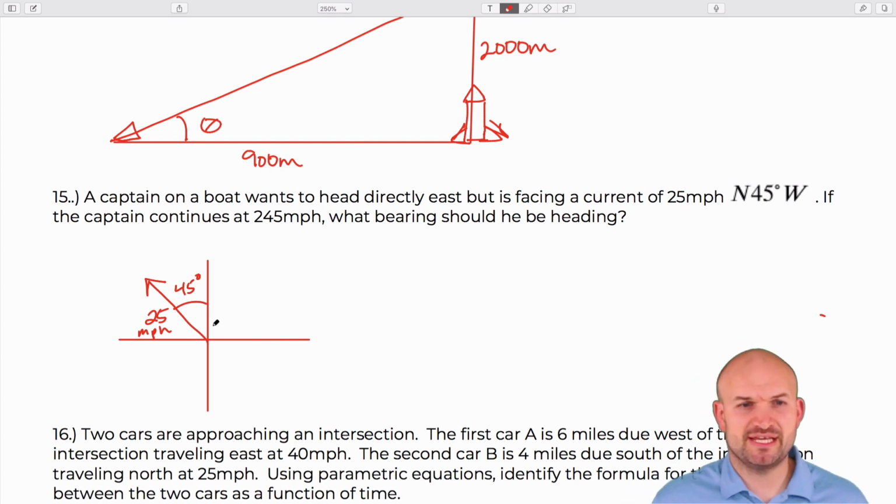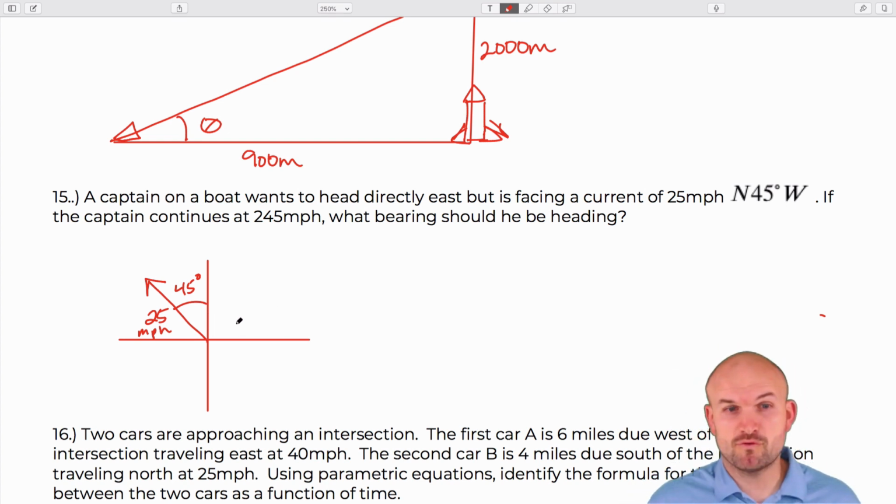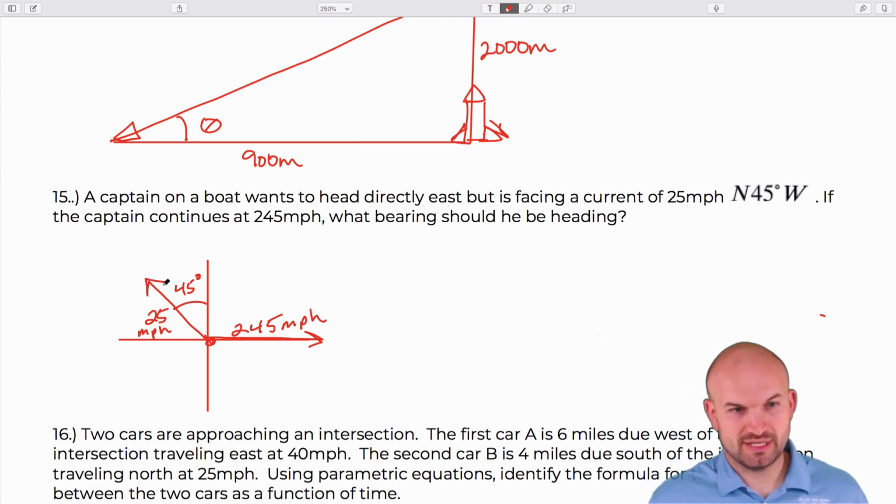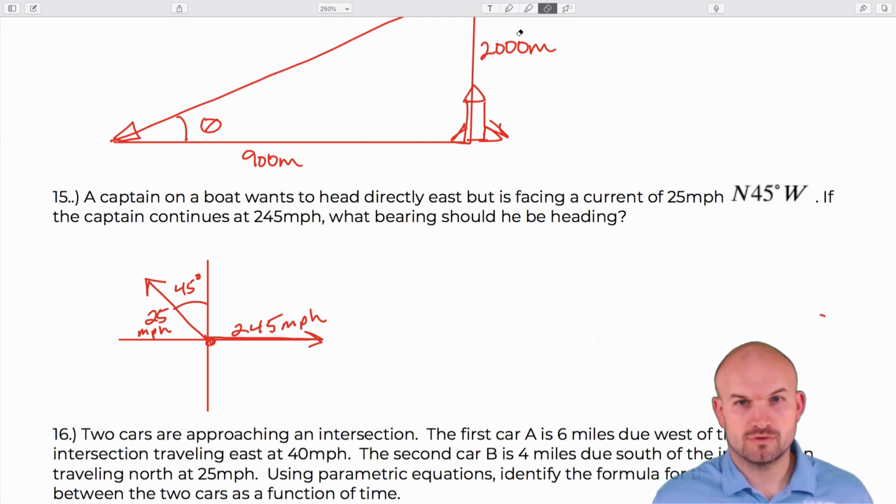But the captain wants to continue traveling at 245 miles per hour in this direction. So that's going to be completely due east, at a vector of 245 miles per hour. So basically what bearing should he be heading in?